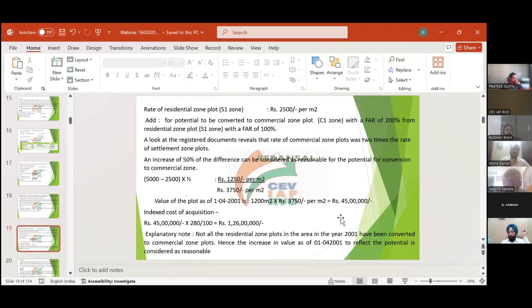See here, the residential rate is 2,500 per square meter, but as it has been converted into a commercial zone, of course, when it is converted, its FAR will be increased, say from 100 to 200%. So what can you do?